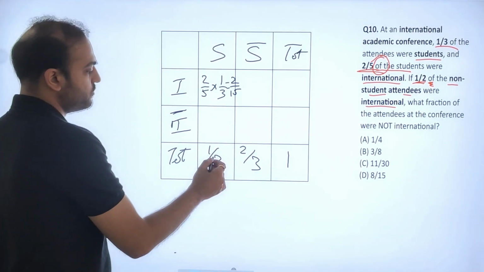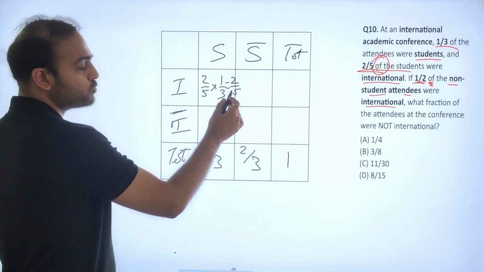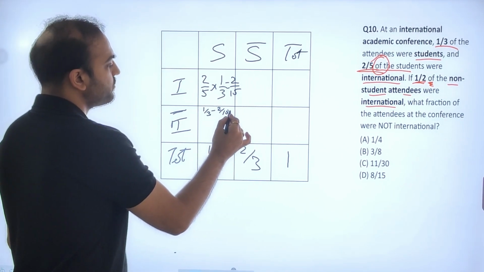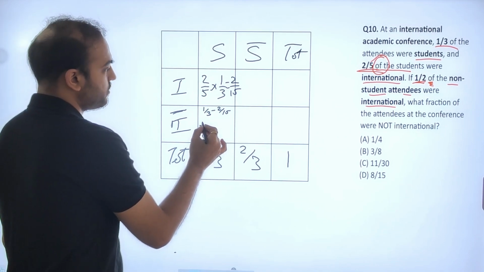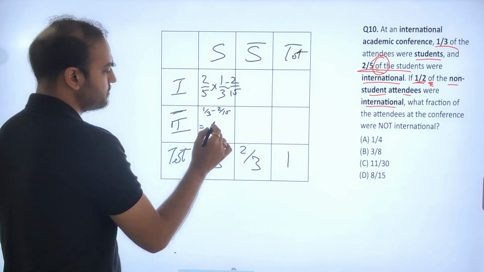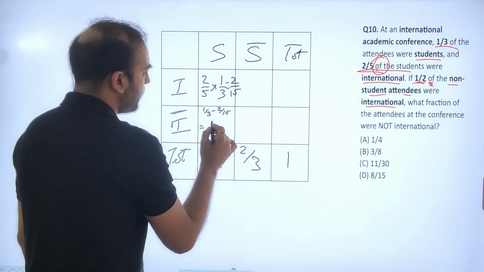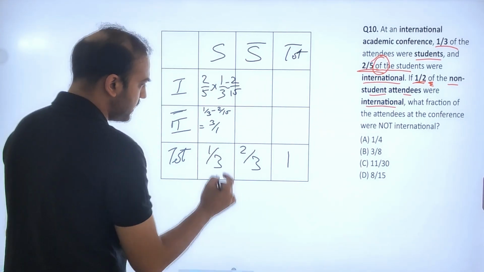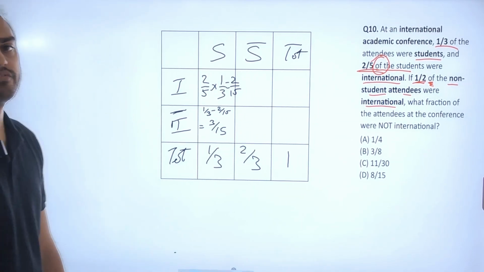So this is 1/3, this is 2 by 15, this will become 1/3 minus 2 by 15. Let's keep it in 15 only. That's 3 by 15.